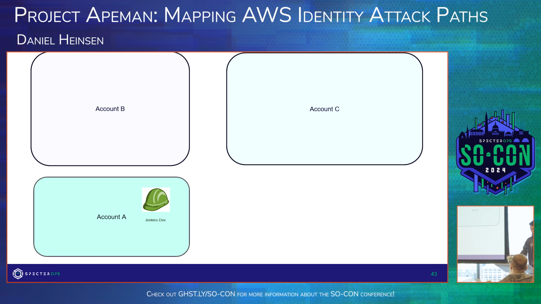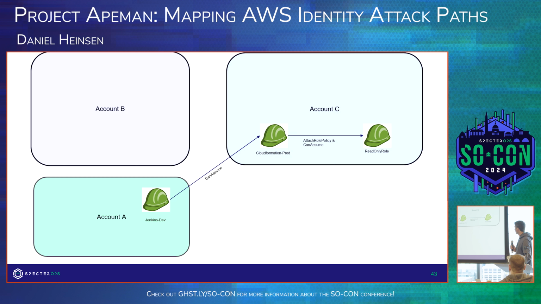So let's say we have an account A, and we have a role called Jenkins Dev. And Jenkins Dev can assume CloudFormation prod, right? And I gave these real names to make it feel a little more real instead of like ZZZ. And then CloudFormation prod can assume read-only role, and they can also attach a role policy to that.